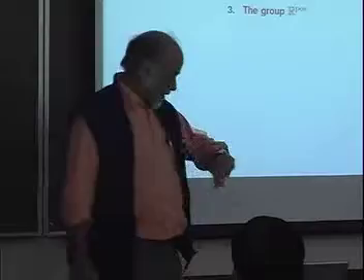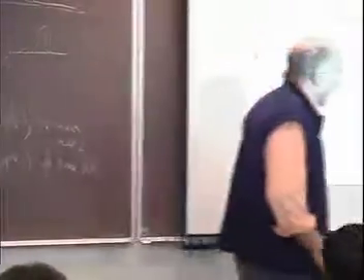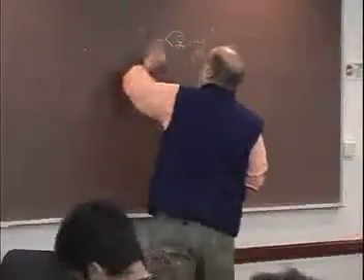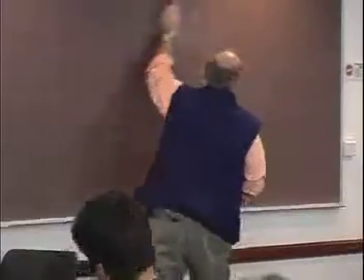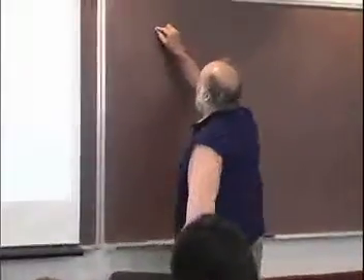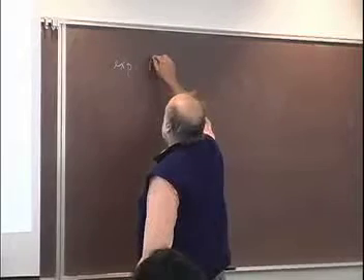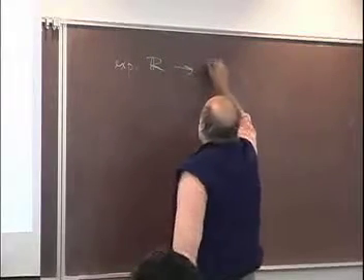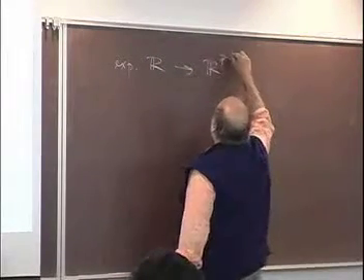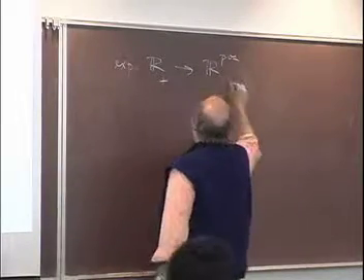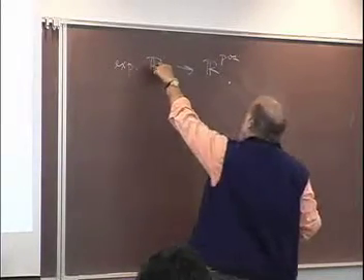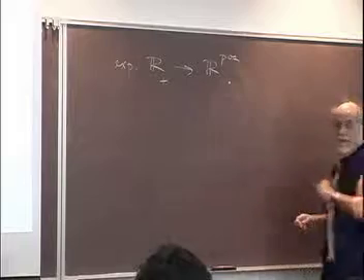Okay, now the third part of my talk, I'm just zipping right along here, is the multiplicative group. Let's see. If I take the exponential function, I can map the additive reals onto the multiplicative positive numbers.